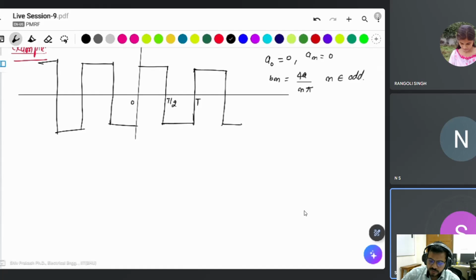What is the complex exponential representation for this one? C naught, you know about A naught, same thing, is equal to 0.